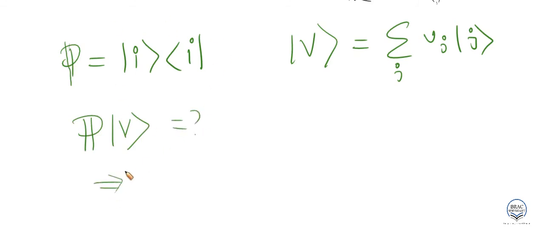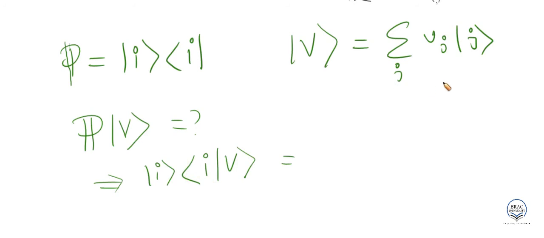And if I accept this definition, then you just plug it in. Again, using the associativity of the operators that we talked about earlier, that is the bracket sandwiching, this is just this, right? And what do you have here? So far nothing, because we haven't written down this sum yet.